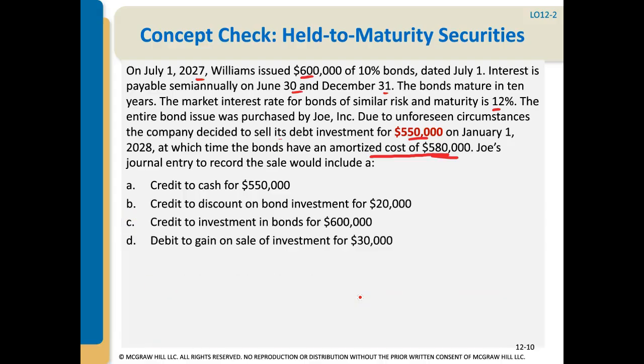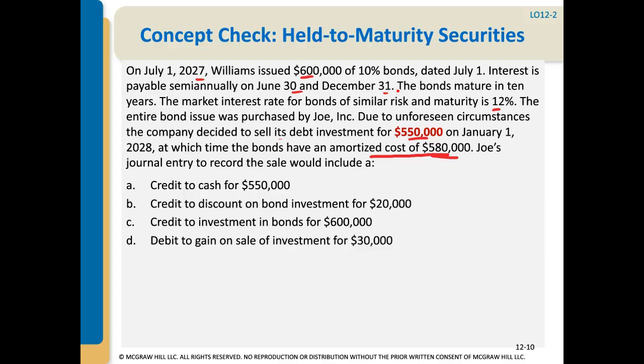bond was purchased by Joe Inc., and they decided to sell them due to unforeseen circumstances for $550,000 on January 1, 2028, at which time the bonds have an amortized cost of $580,000. So the question is, when you make this journal entry, what would it include?